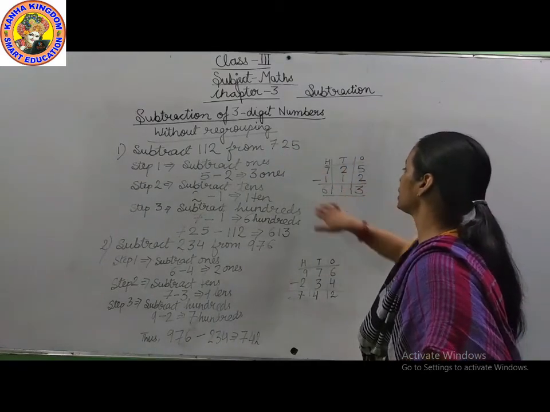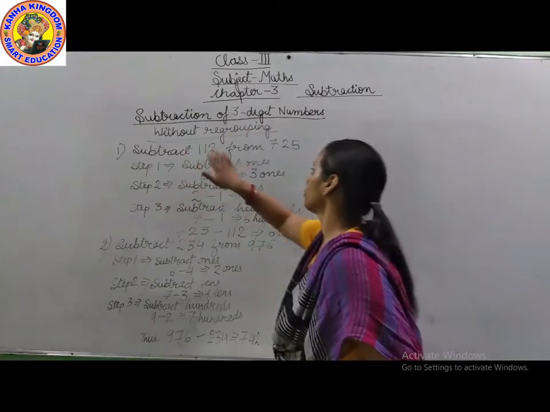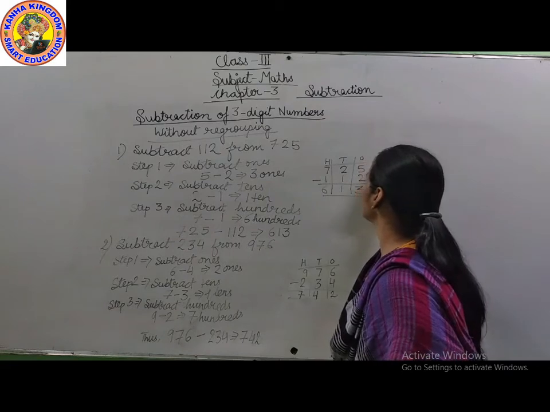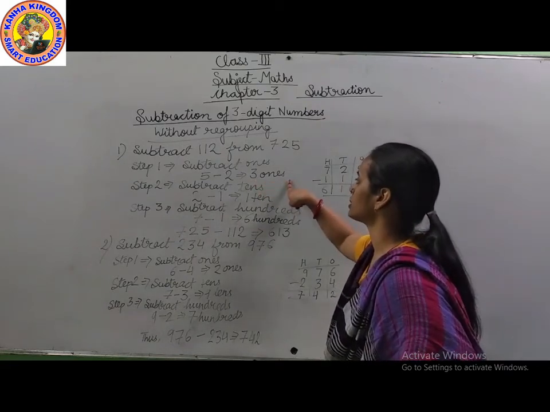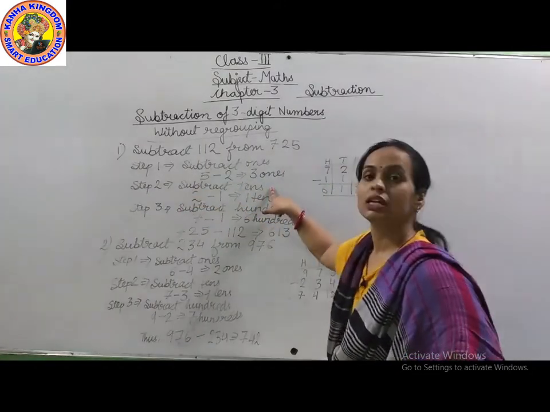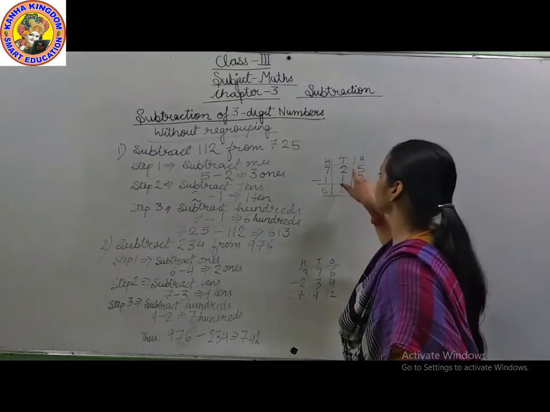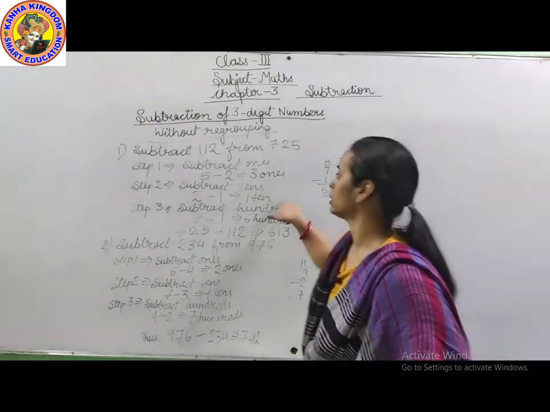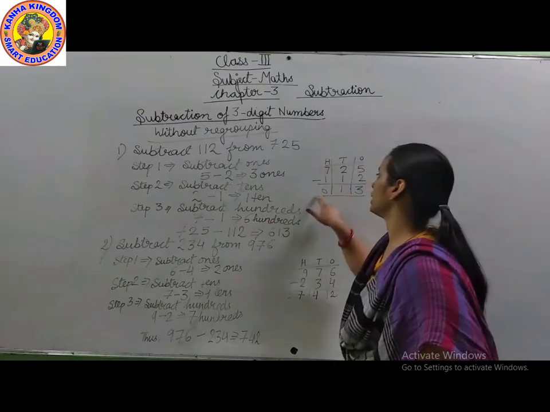And in the first question, we subtract 112 from 725. First we arrange the numbers in a vertical column. First step, subtract ones, means 5 ones minus 2 ones equals 3 ones. Next step, subtract tens. 2 tens minus 1 ten equals 1 ten. Next step, subtract hundreds.